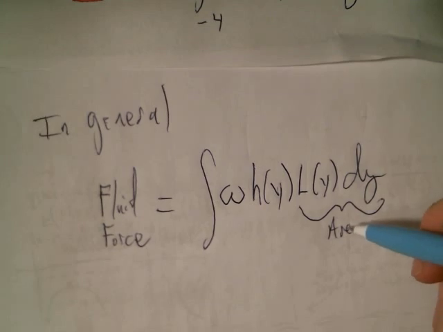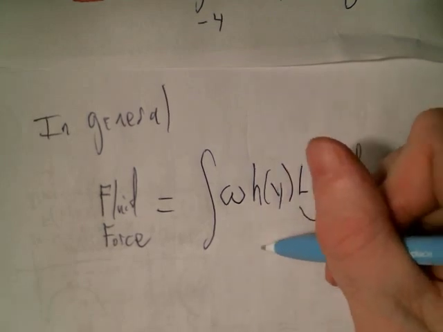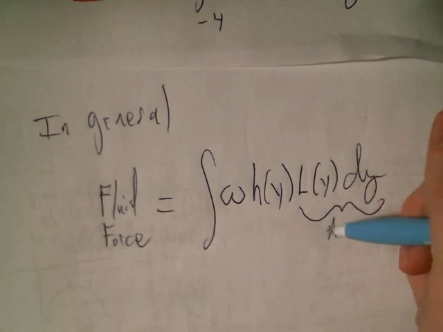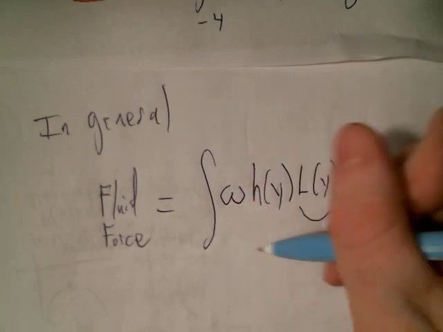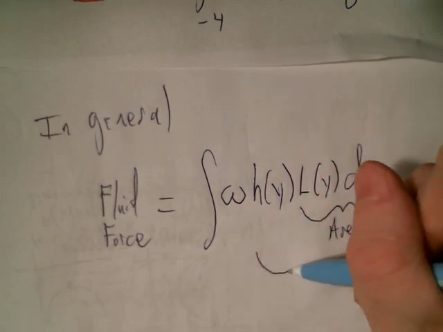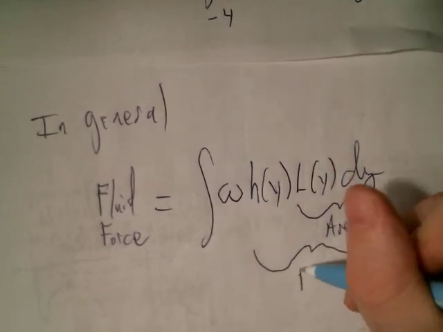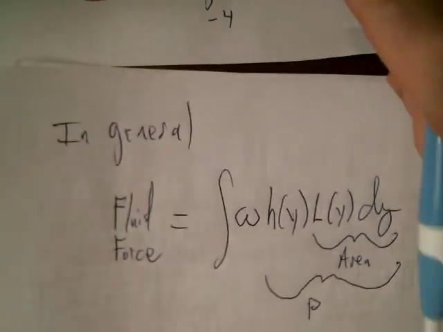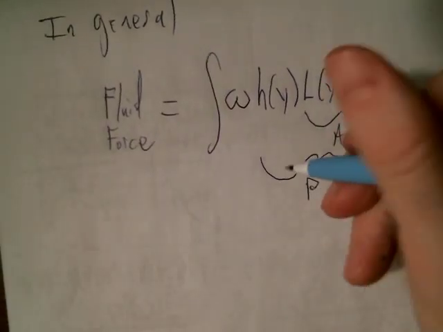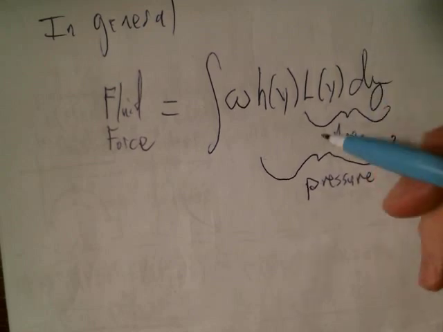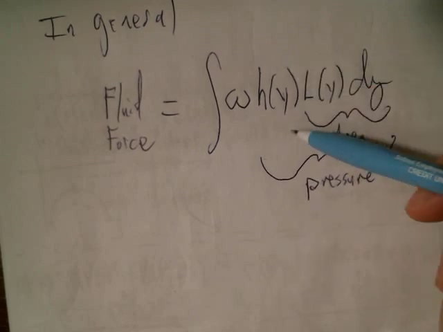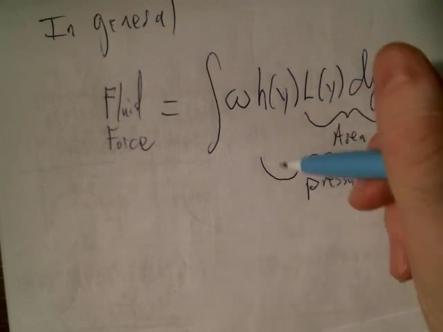Then what else, right? So this part of it, depth times area, is pressure. So you can see all the little elements in the integral. So this would be our pressure. And then finally, whoops, so pressure, geez, what is pressure?